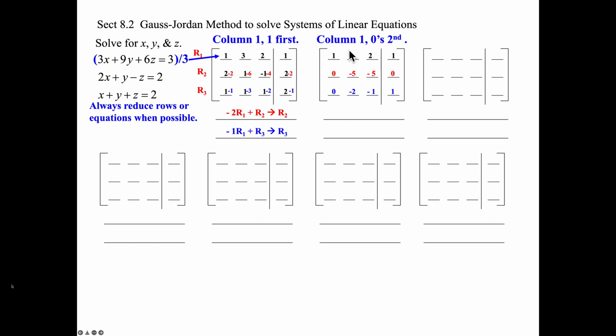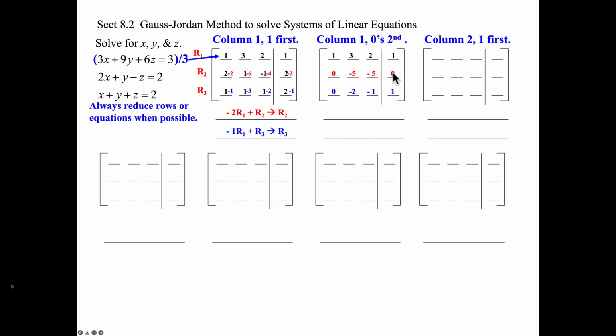All right, now column 1's done. Now we go to column 2, and we got to get the 1 in the middle here. We got to get this downhill diagonal to be all 1s. Well, here we're kind of lucky. Notice that all the numbers in row 2 are technically multiples of a 5, or in this case, -5.